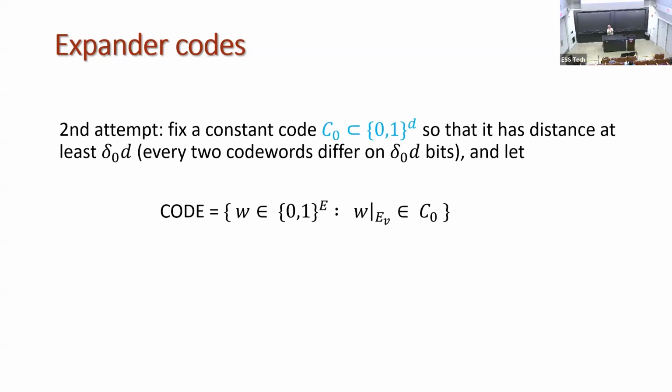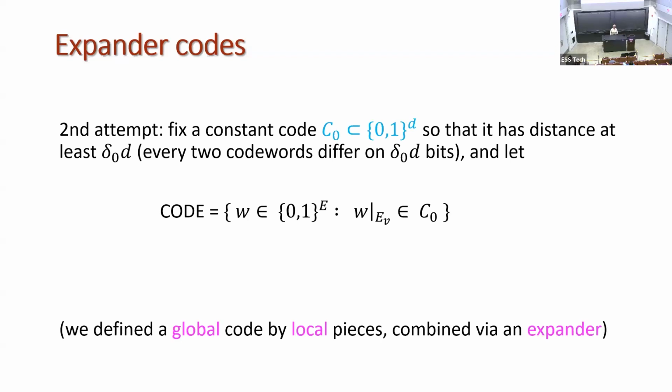I want this substring to be in C0. And for every vertex, I make this requirement. That's the definition of the code. So basically what we did here is we defined this global code on E coordinates by using a local code just on d coordinates and putting it all over the place for every vertex. I think that's a very nice definition.